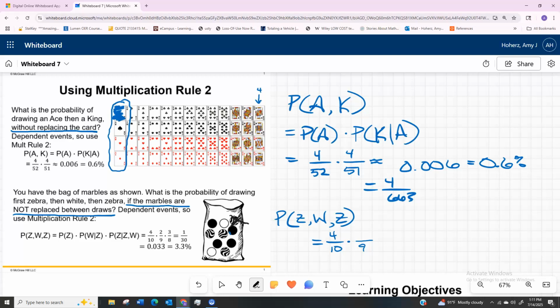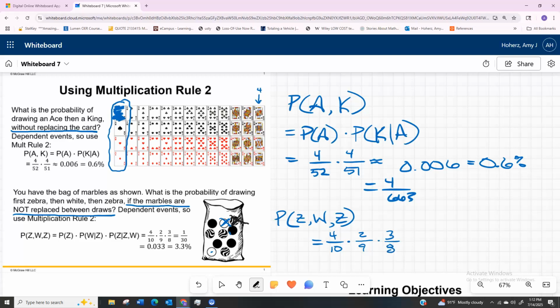What about the white marbles? Well, we do still have 2 white marbles. So 2 white marbles out of the remaining 9. But now we're going to draw one of those out, so that one's gone. And so when we do the zebra stripe again, now we already took a zebra stripe out, so there's only 3 zebra stripe marbles, and there's only 8 marbles left.